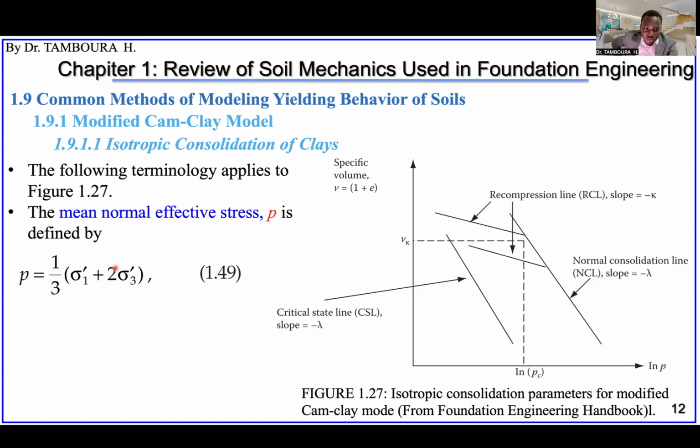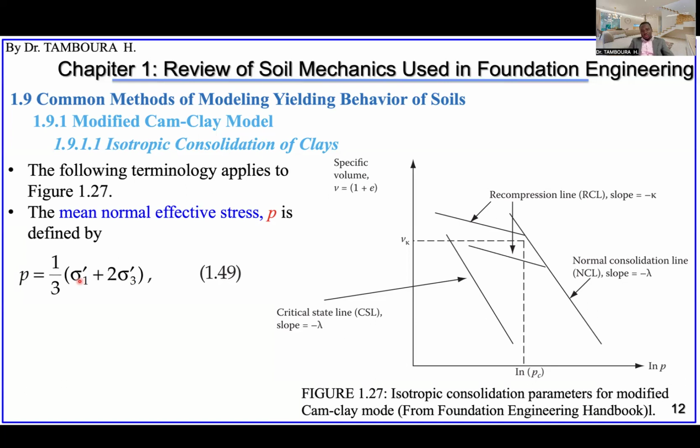Mean is average. So in this case, we are supposing that sigma 2 and sigma 3 are the same. So that's why we have 2 times sigma 3 prime, effective. Okay, so we have to put prime. Sigma 1, I'm not sure if some people don't know what sigma 1 and sigma 3 are.